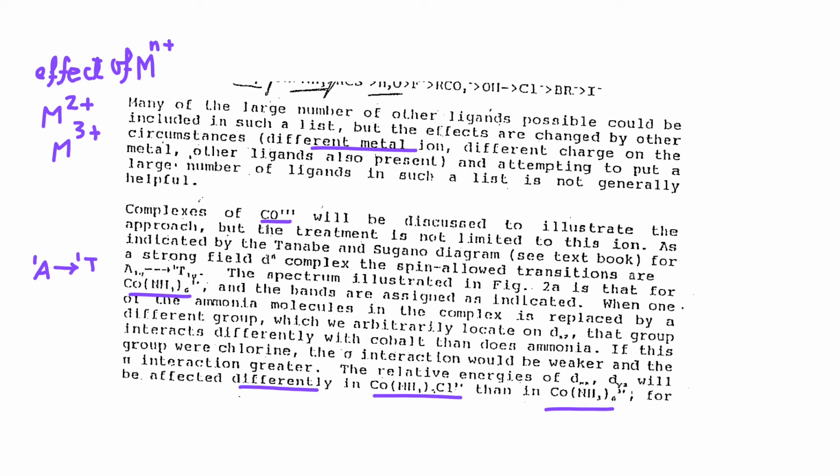For example, delta for cobalt 3 plus is larger than delta for cobalt 2 plus. Fe3 plus delta is larger than Fe2 plus. And the absorbance band here originates from A1 in the ground state to T1 in the excited state.